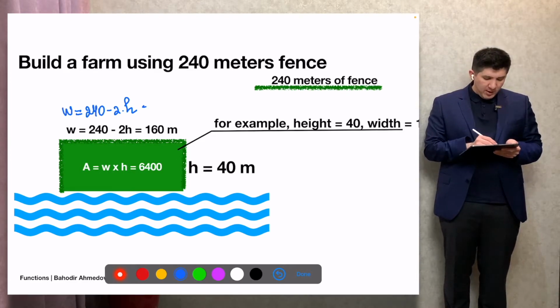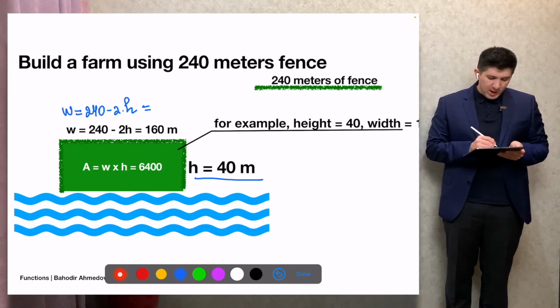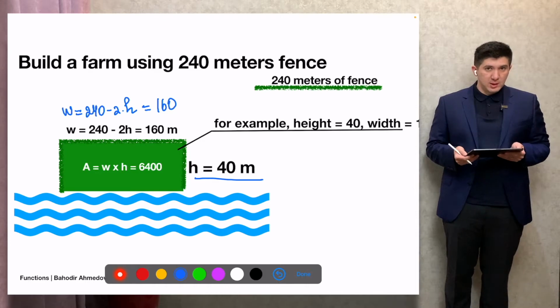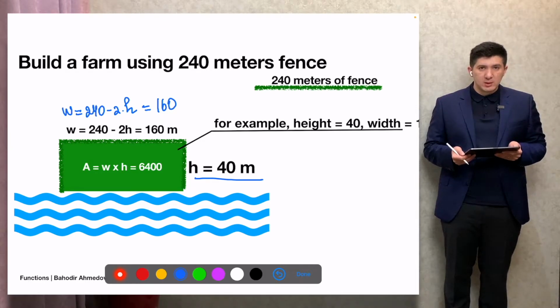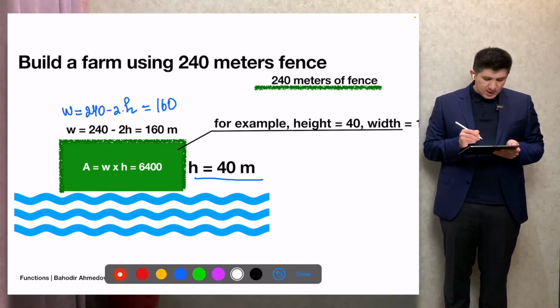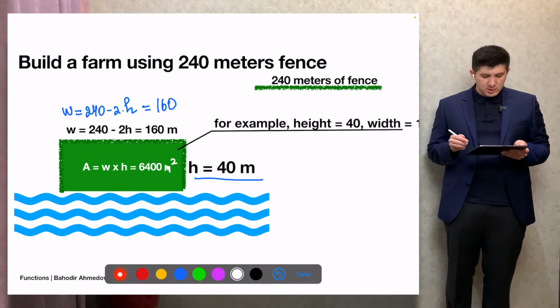So if you give some value for the height, the width is already determined by it. So it is going to be 160 meters, and in this case, the area is going to be 160 times 40, which is 6,400 square meters.